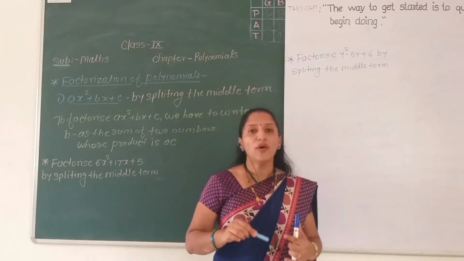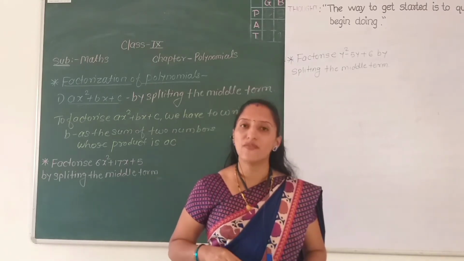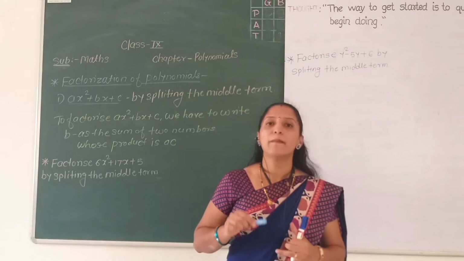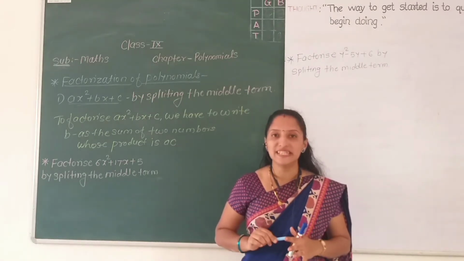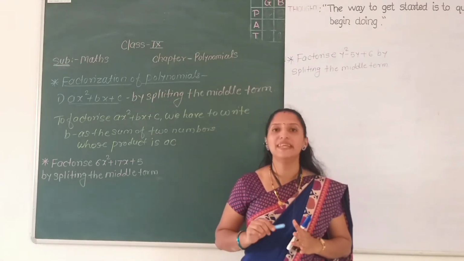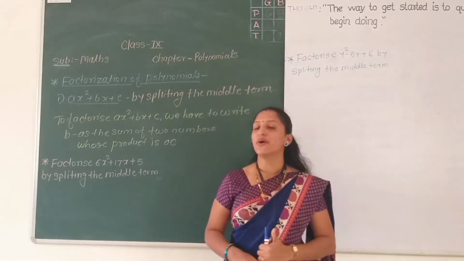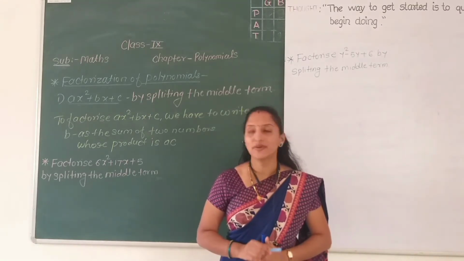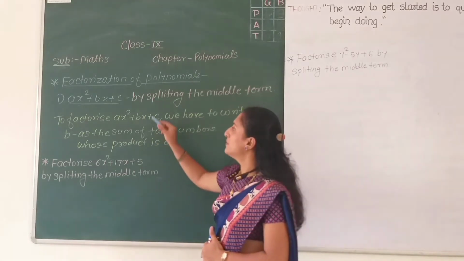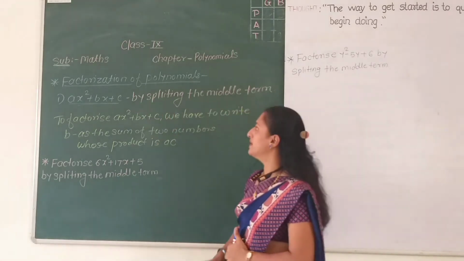Every quadratic polynomial is in the form ax square plus bx plus c, where a, b, c are all constants and a is not equal to 0. We have to factorize this polynomial.